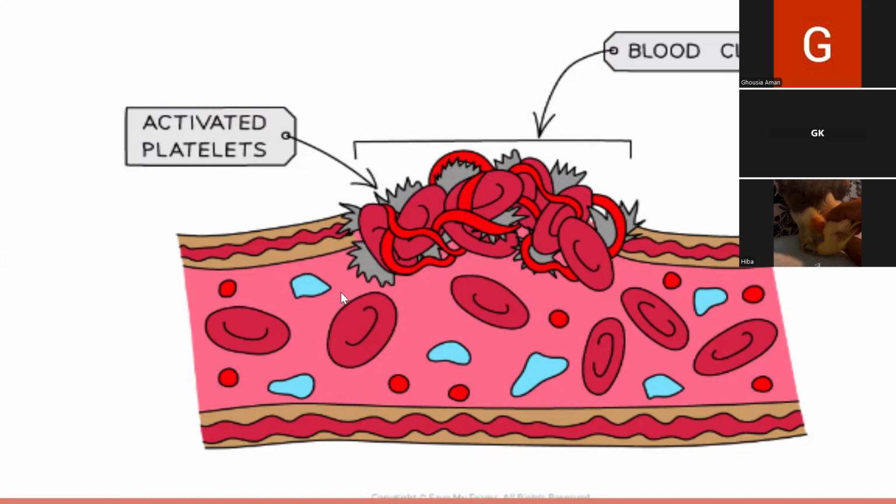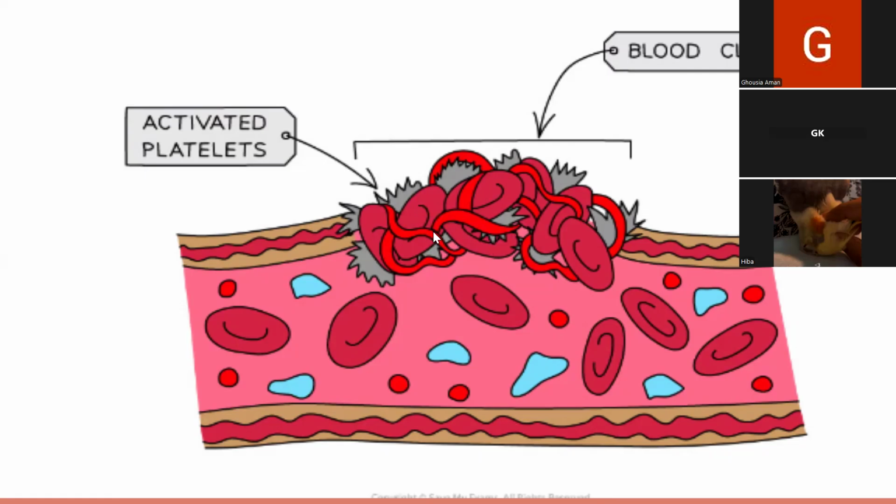So these platelets convert this soluble fibrinogen protein into an insoluble protein in the form of a thread-like structure. You can see these spiky gray things. The thread-like insoluble proteins form a network all around the cut part of your body, where the red blood cells come and get entangled.